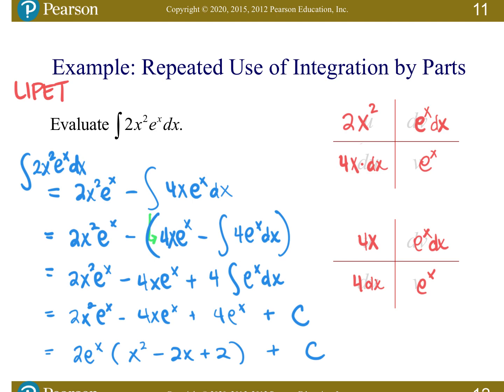Yeah, Chloe. Where does the 4x dx from the integral come from? You're talking about this part right here? No, where the green arrow's pointing. Oh, that came from this first combination here, of the second time we did it.